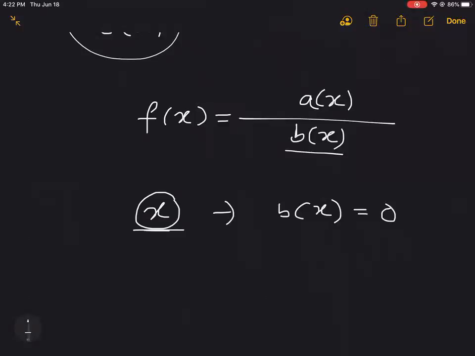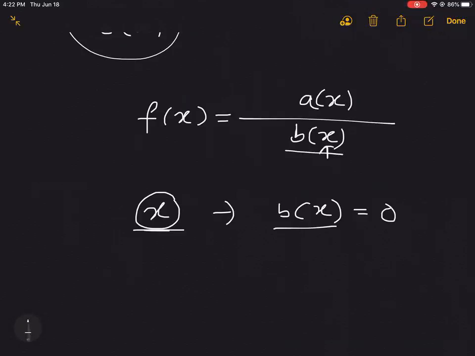We actually try to look for those values of the given variable. On this occasion, it's x, so you need to find the values of x for which your denominator becomes 0. And apart from those values, everything else will be your domain.